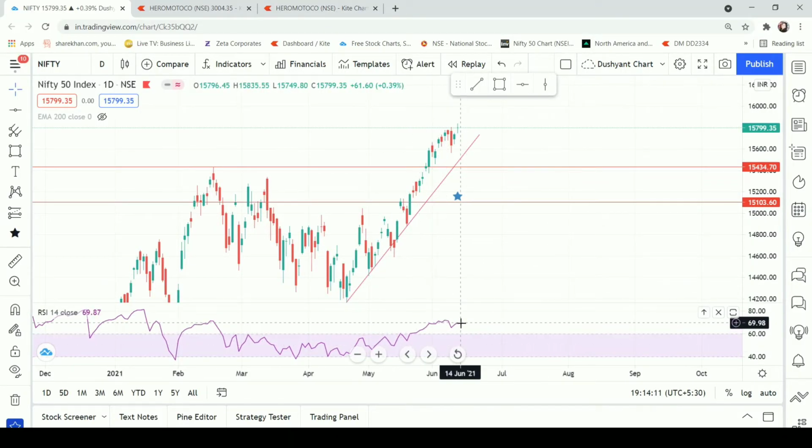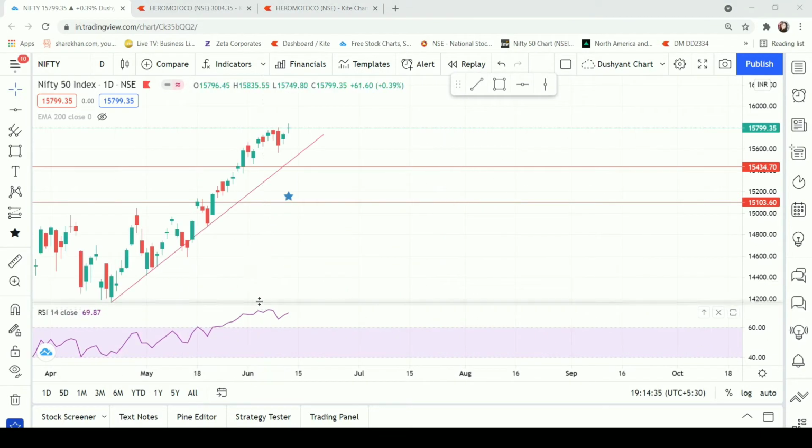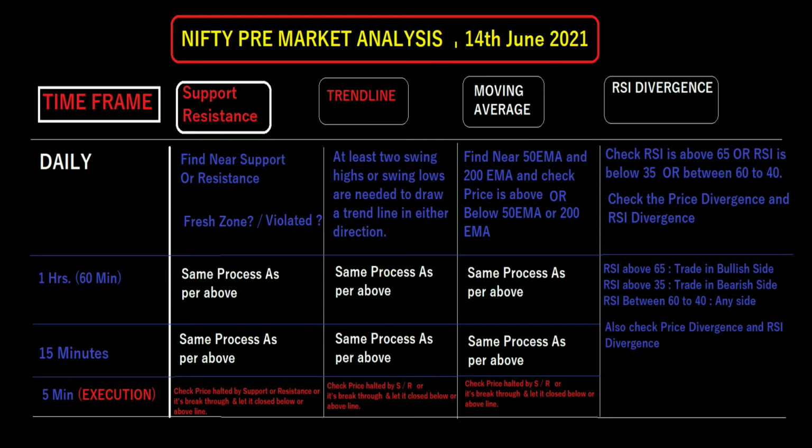So right now RSI is 69, so it's above 65. So bullish. Price divergence and RSI divergence are almost the same. So now we will move to the 1 hour time frame, and we'll find the same things in the 1 hour time frame.